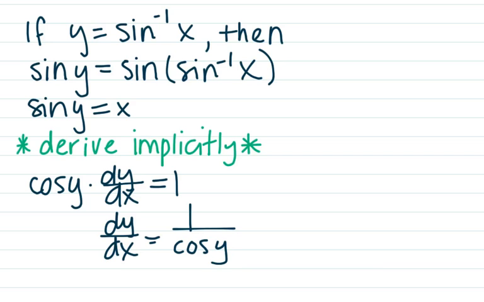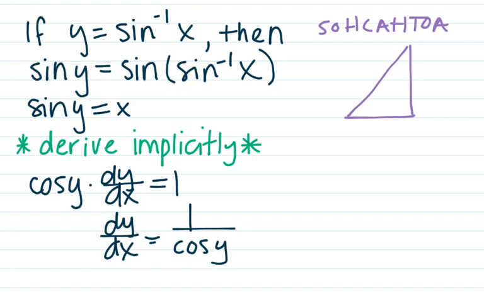To get our final answer, we're actually going to do a little bit of triangle trig. And with right triangle trig, we have to remember our SOHCAHTOA in order to get what we're looking for in our answer. Alright, so I have a sketch of a right triangle. In our particular setup, sine of y equals x.